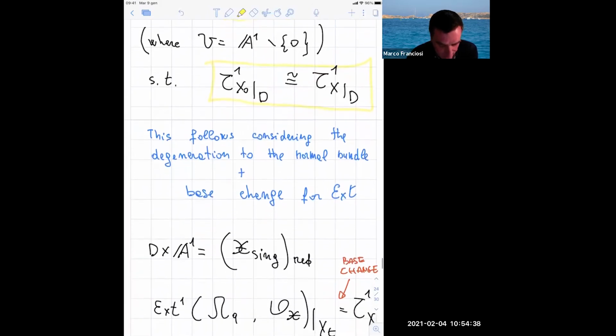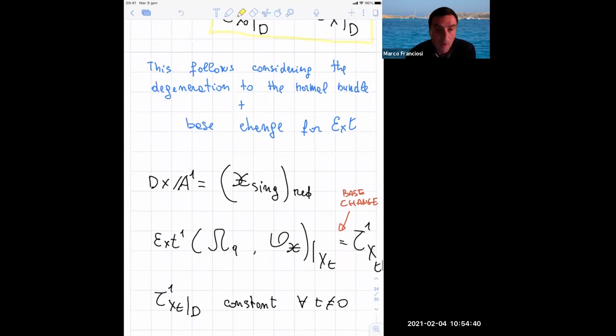Indeed, we have the following description. D cross A^1 is nothing but the reduced singular part of X curly. And we have this base change result: T^1 of the map, Ext^1 of the cotangent complex of X curly restricted to X_t, is nothing but T^1 of X_t.